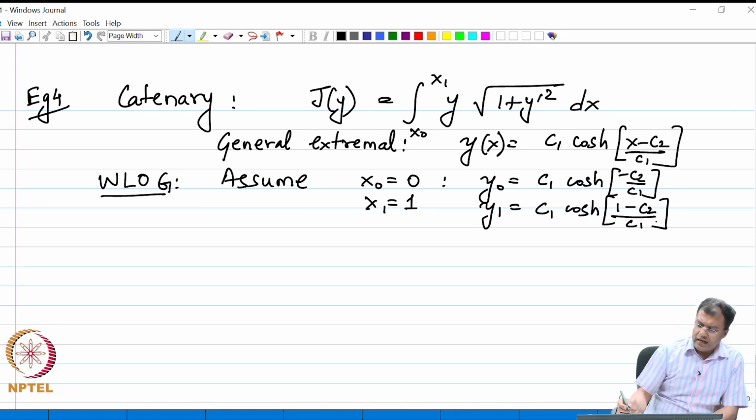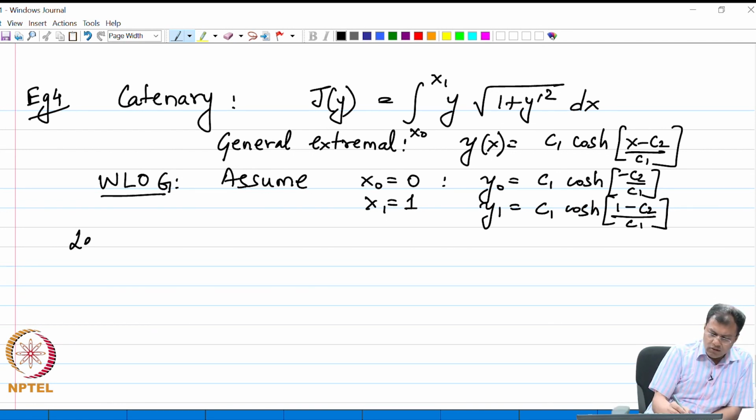Then the next stage to look at a simplified version of the solution is to change this set of constants. Let us introduce another set of two constants. Let me say kappa 1 is c1 and kappa 2 is negative c2 by c1.